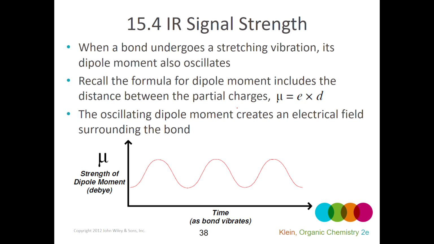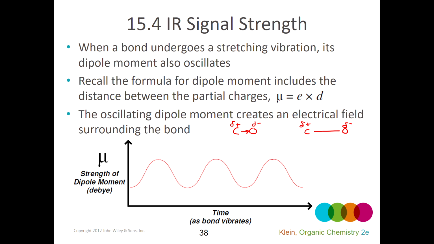So the more polar the bond, as it stretches, it creates this oscillating dipole. Right? So if we think about a polar bond, like for example a carbon-oxygen bond, when the bond is shorter, due to the electronegativity difference, there's a partial positive and a partial negative. Same thing if the bond is longer, so if it's a little stretched, I still have a partial positive, partial negative.